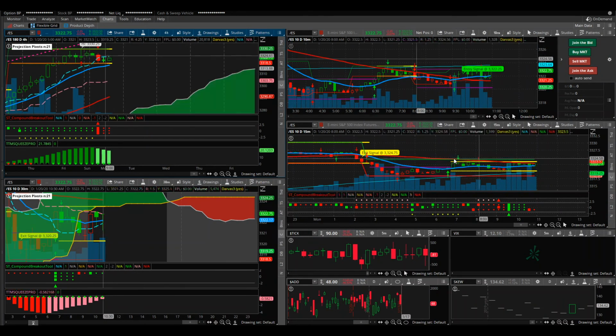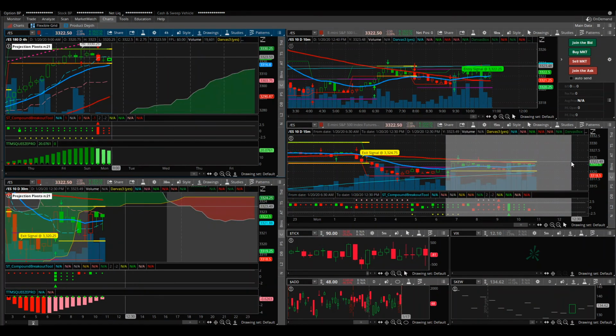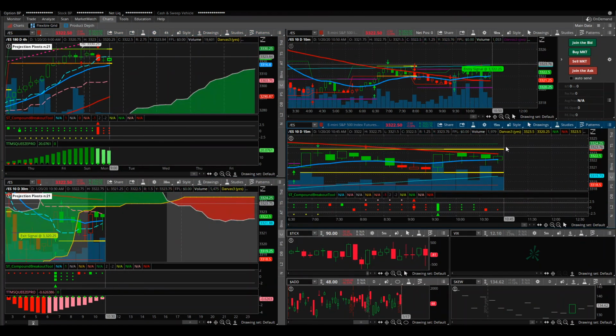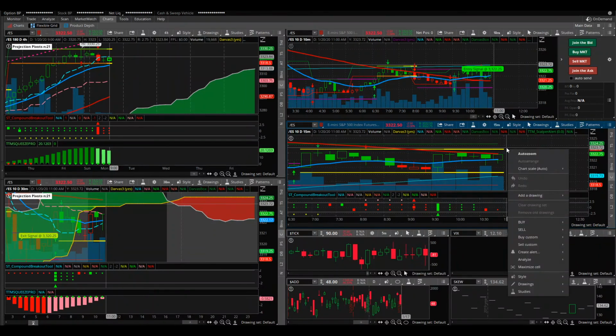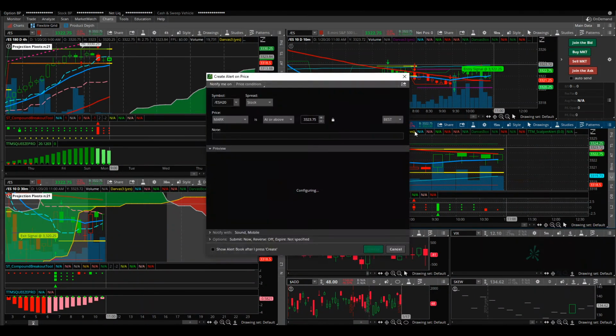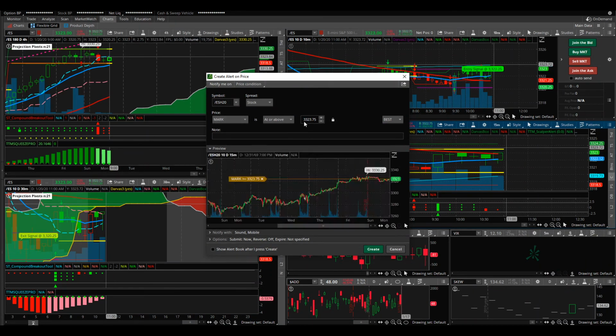So what I would probably look at if I were to be buying or looking at futures right now is a break here of the 33.2350 area. And that's when I would start nibbling and buying into futures. So I would create an alert for the stock, mark at or above 33.2375.